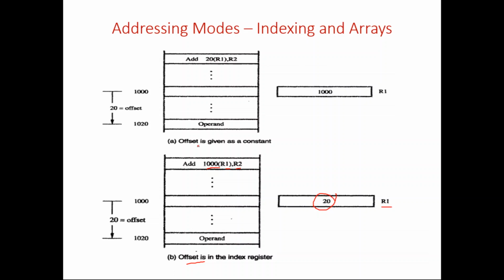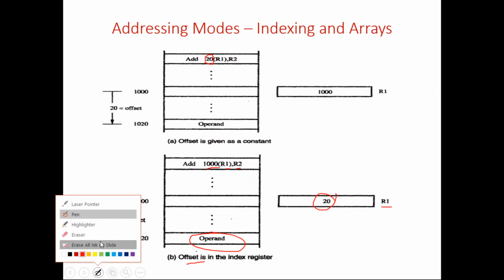Both will do the same job. 1000 plus 20 is 1020. So the value at 1020 will be fetched, added with R2, and the result stored in R2. So it can be either way: you can specify the offset as a constant, or you can specify the address as a constant.